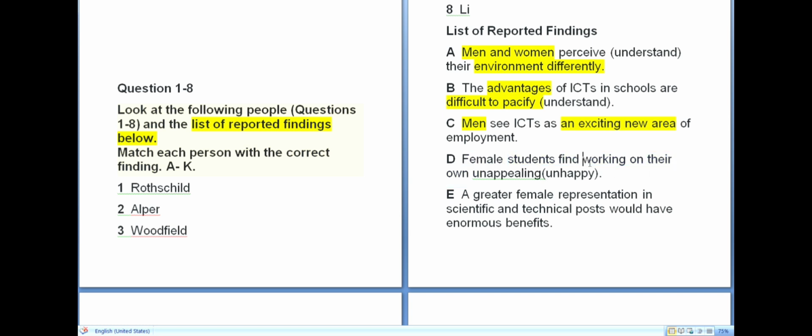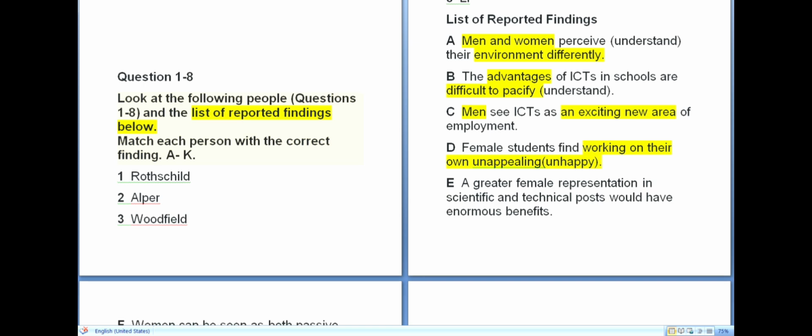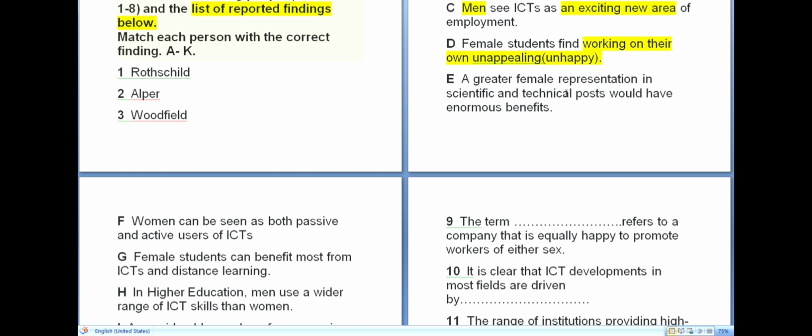The next one, option E. The greater female representation in scientific and technical posts would have enormous benefits. It speaks about the females who are in larger measure. They are working in scientific and technical posts and they are getting numerous benefits.